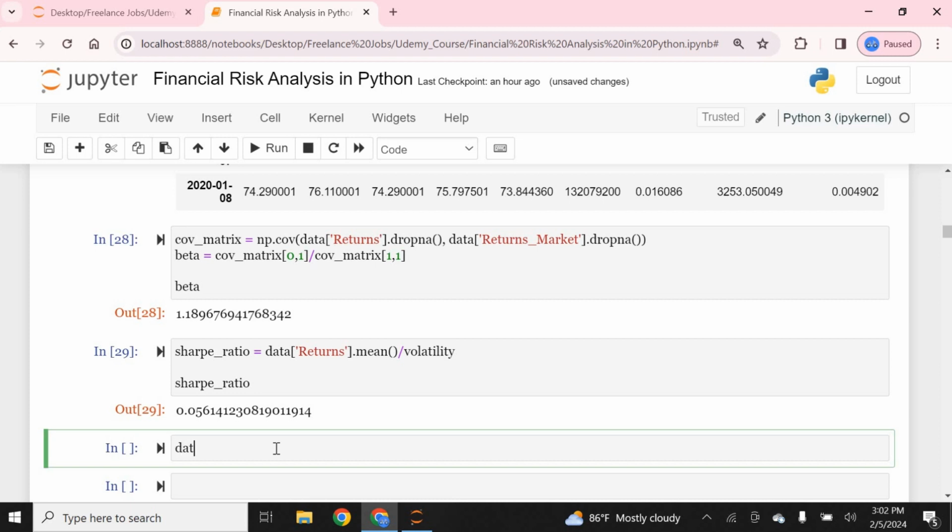So let's say data is equal to weekly returns. Then this will be on the data.